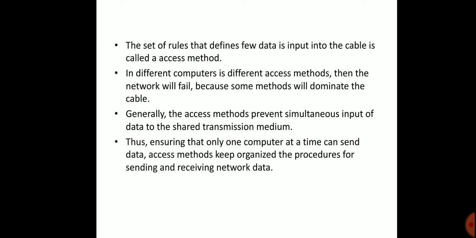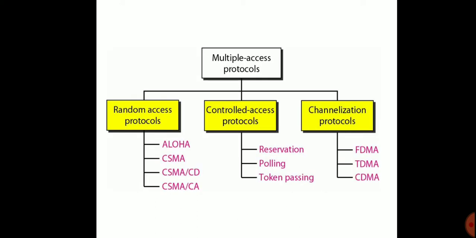Now we are moving to what are the different categories of multi-access protocols. Number one is random access protocol. Number two, controlled access protocol. Number three, channelized protocol. Random access protocol is divided into four individual categories.